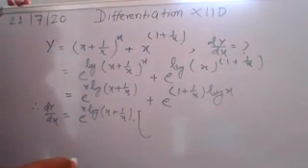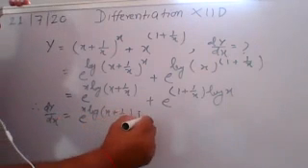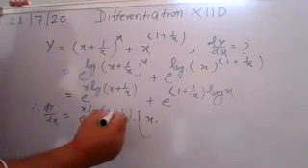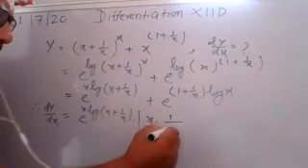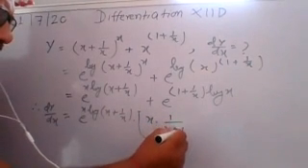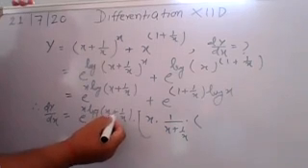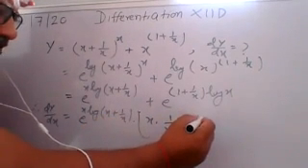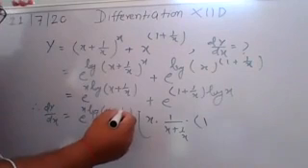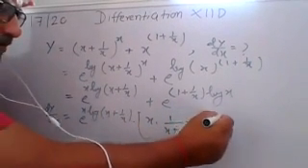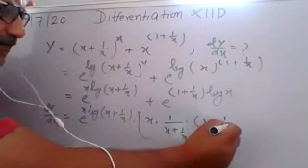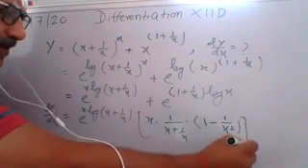Here you apply the product rule: first function into differentiation of second, so 1 upon (x plus 1 upon x) into differentiation of (x plus 1 upon x). The differentiation of x is 1, and for 1 upon x you write minus 1 upon x square.